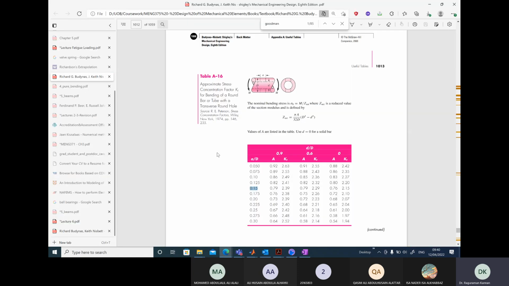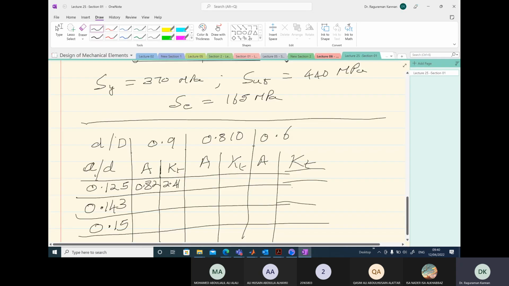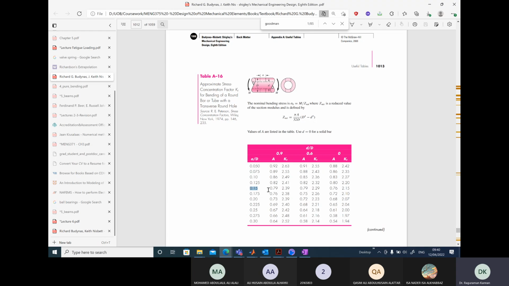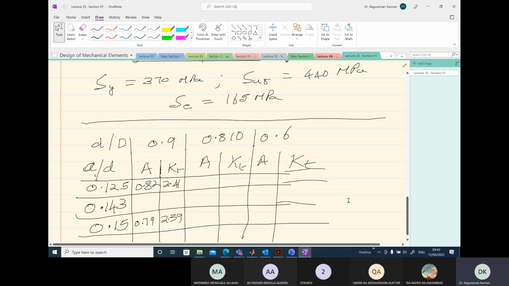Okay, so this is the value. And here 0.79 and 2.39. And we do not have values in the center. Let's see for 0.6, 0.82 and 2.32.